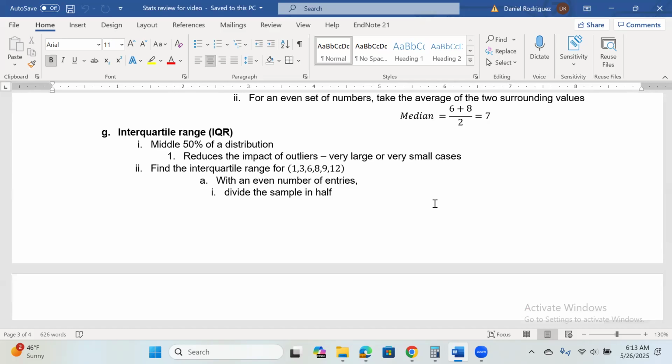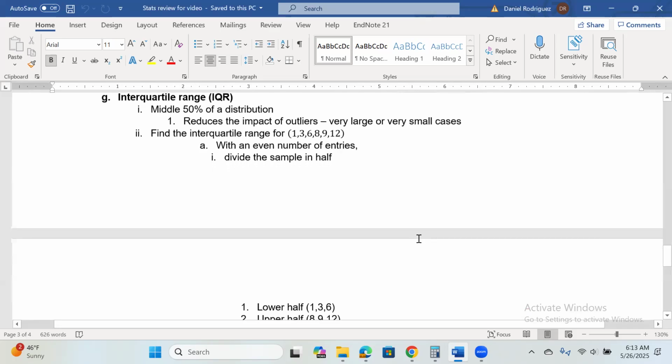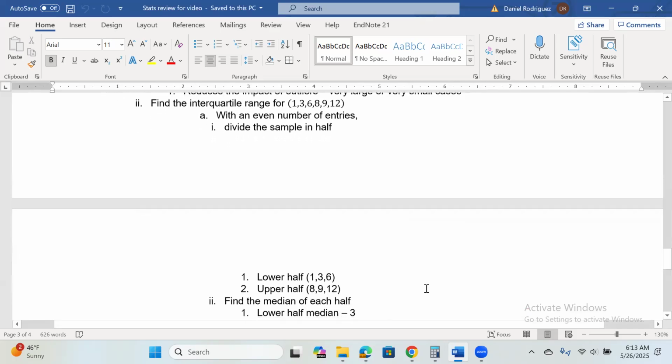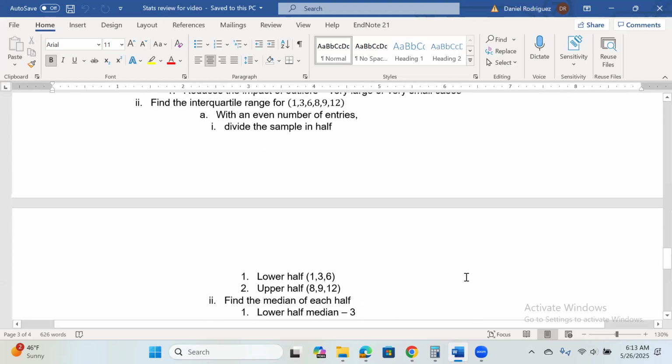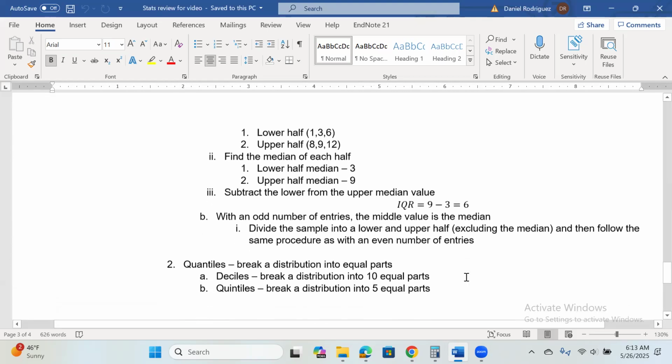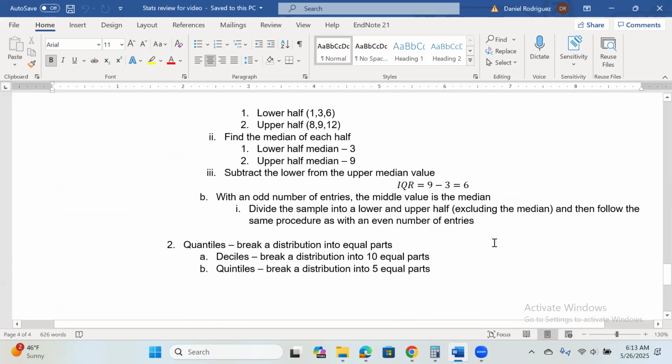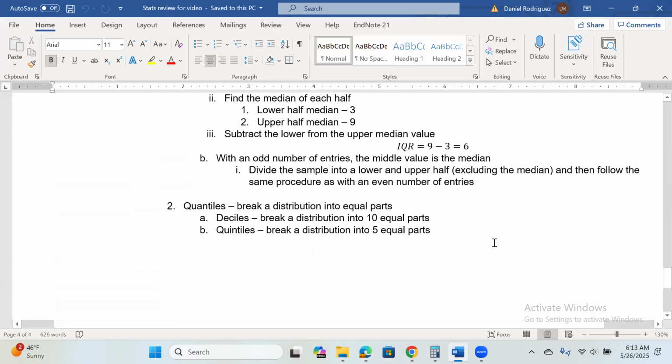For measuring weight, there could be somebody who's morbidly obese or who is very, very skinny. Those people are outliers. However, we can also have outliers due to data entry errors. I show you how to calculate the interquartile range if you're interested. Again, it's just the middle 50% of the distribution.